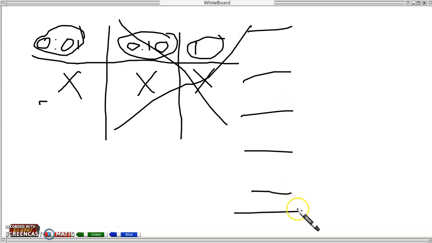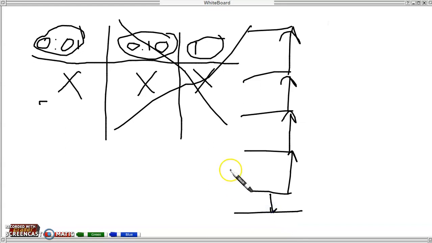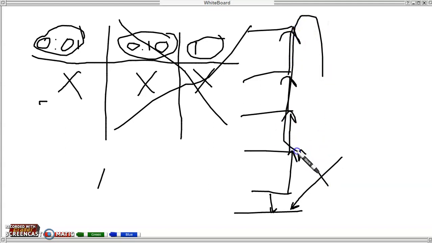So my entry point is here. This is 1 to 2. This is 1 to 3. This is 1 to 4. I'm just making an example. This is 1 to 6. So I'm risking this 1. My stop loss will be here, and take profits in these areas.